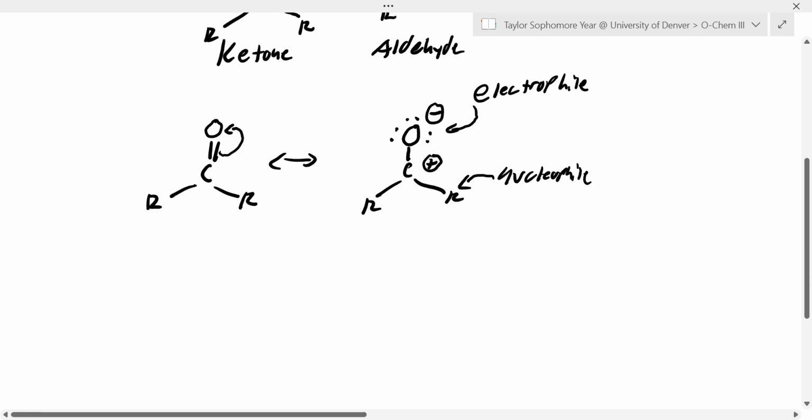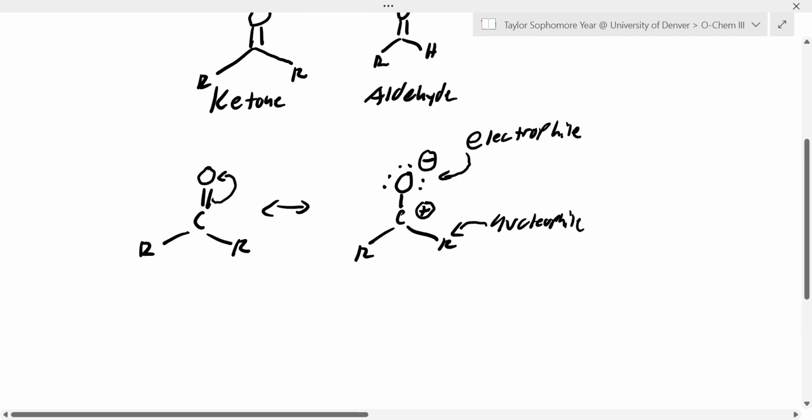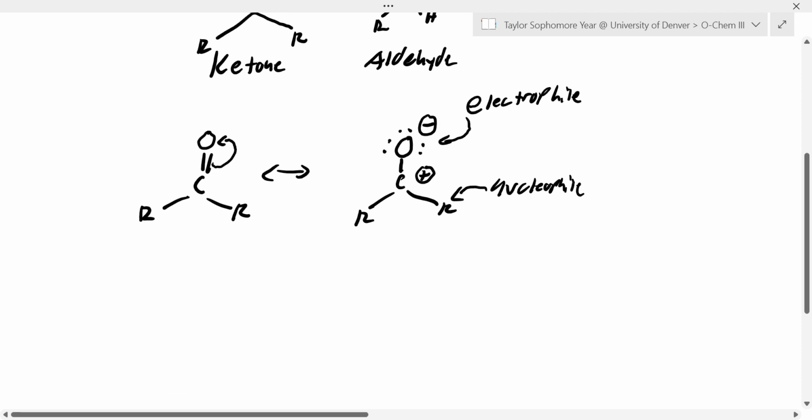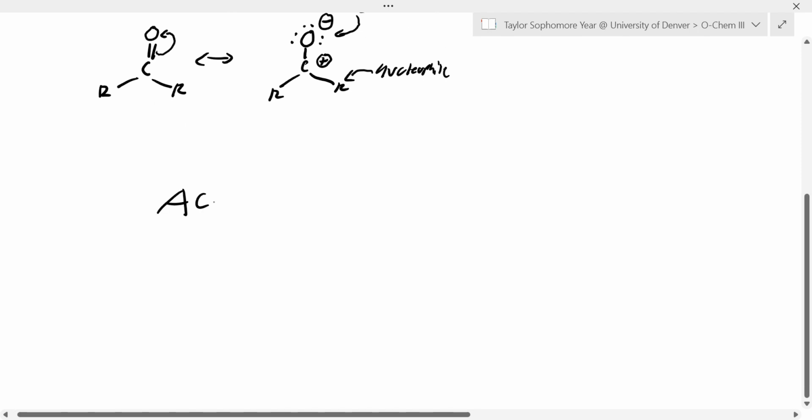So we can take an example where we use an aldehyde and oxygen to make a reaction. One example, which we consider an acid reaction, is where we have an aldehyde, R and H. We'll react it with hydronium ion, which is H3O plus.